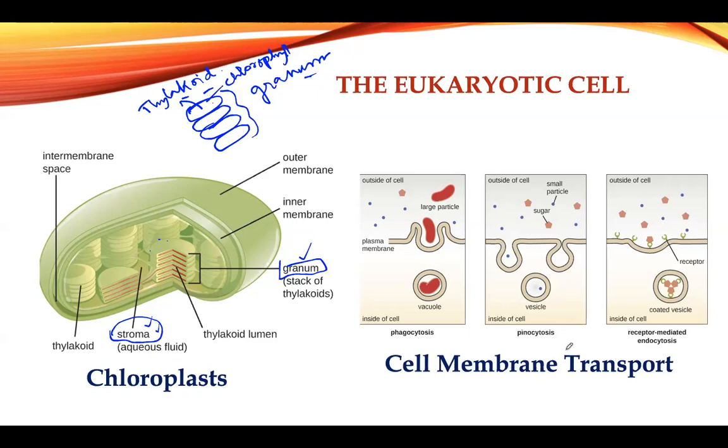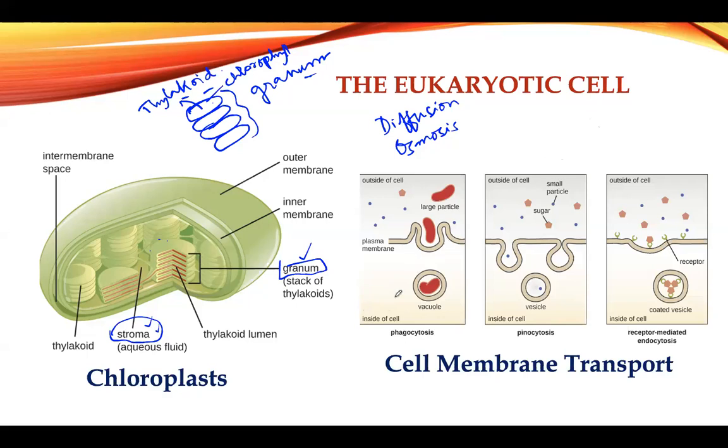Cell membrane transport. So I already talked about membrane transport, we already talked about diffusion and osmosis. Okay, active transport, passive transport, I already talked. I didn't talk about how the membrane transports large particles.